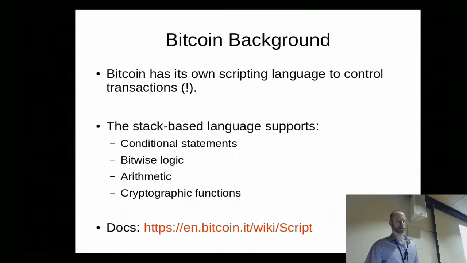This language is stack-based. There are conditional statements, there's bitwise logic, and there's arithmetic you can do in this language. And of course, there are cryptographic functions. Many of them are actually disabled for standard transactions, and I'll get into that a little bit later. And if anybody's interested, there's a link to the documentation of this scripting language.